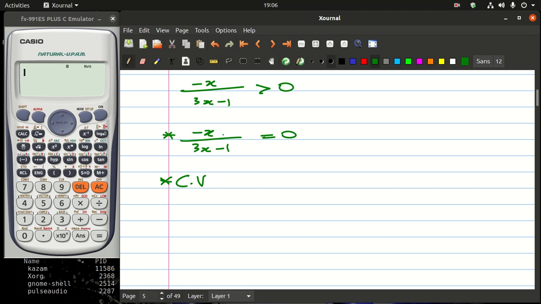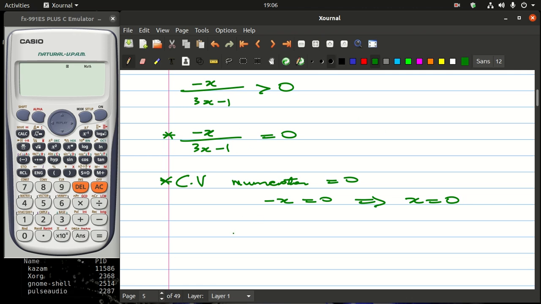And this expression is only going to be equal to 0 if the numerator is equal to 0. In other words, minus x is equal to 0, which implies that x is equal to 0. If this was greater than or equal to, or less than or equal to, this value here is the only critical value that would be shaded.